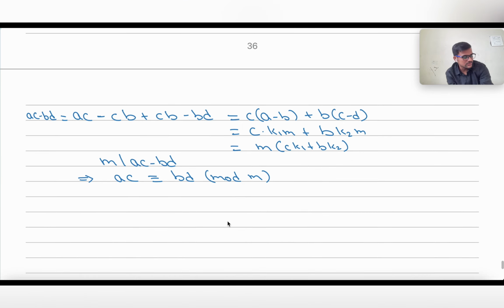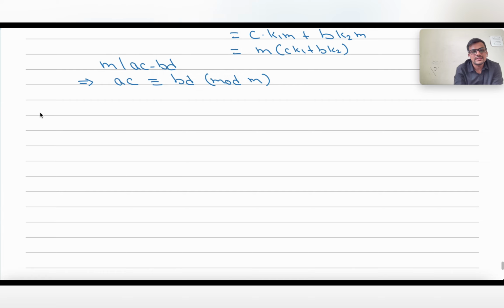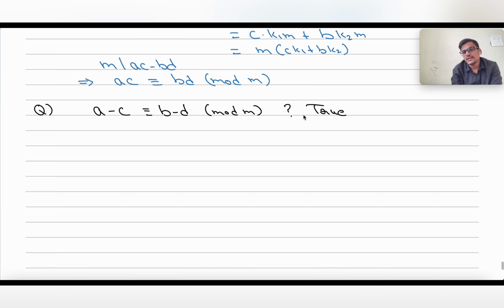Now the question comes: if I do A minus C, meaning I subtracted these two congruences, then they will be congruent modulo M. You verify that this is true.